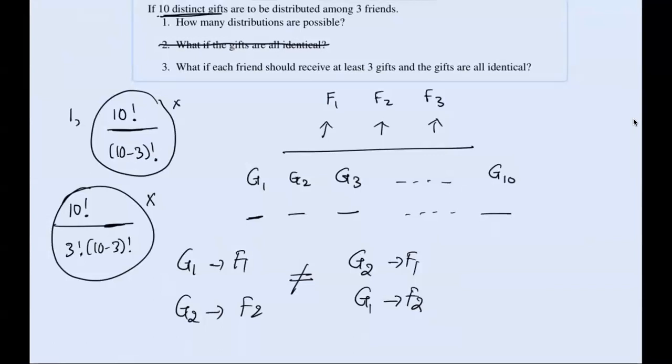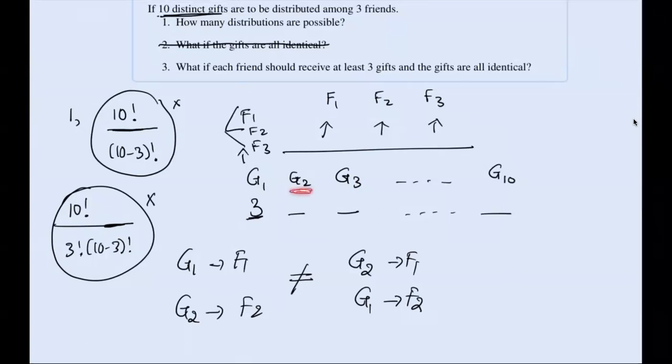Three to the power of 10. Yeah. Because if you think about this, for gift one, I have three choices, right? I can give gift one to friend one, or friend two, or friend three. So there are three possibilities that I can assign for gift one.